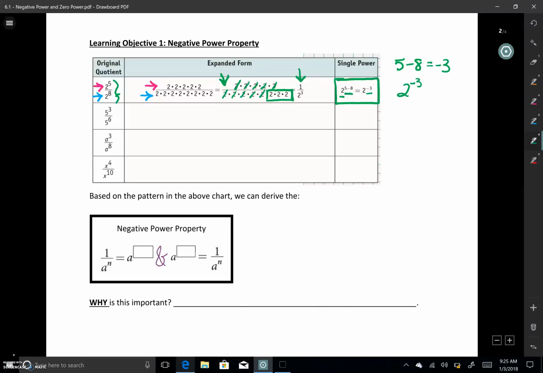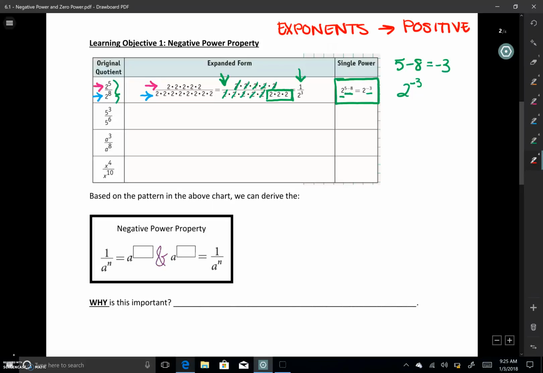However, something very, very important that I need you to keep in mind, and I would write this down, is that we want all of our exponents to be positive. So when I apply quotient of powers to something like this, and I get 2 to the -3rd, since I don't want a negative exponent, what I'm going to do is write the reciprocal of that. And so that way, my -3 becomes a +3.